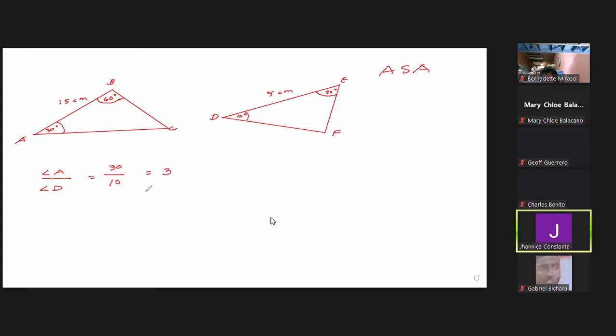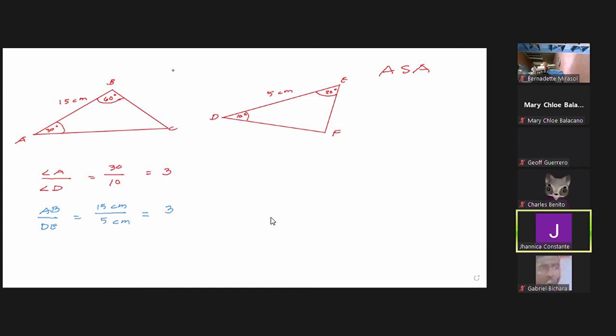So that's the proportion between angle A and angle D. Side AB corresponding to side DE, which measures 15 centimeters, and side DE measures 5 centimeters. So 15 divided by 5 is equal to 3. So it's the same ratio.